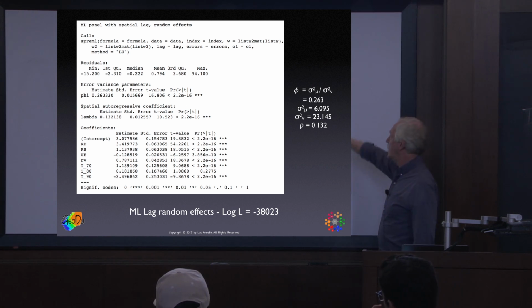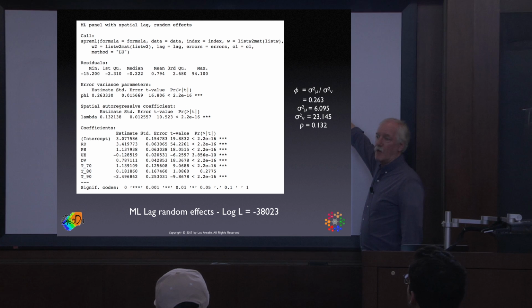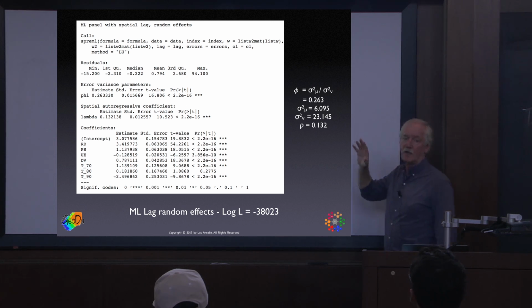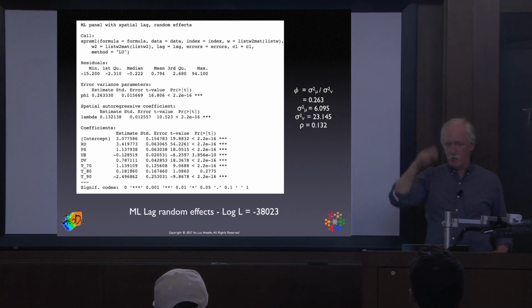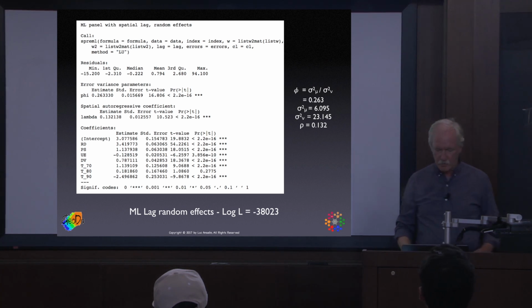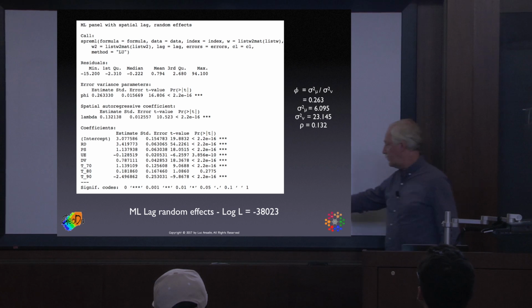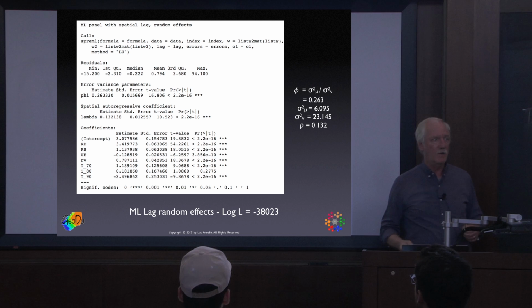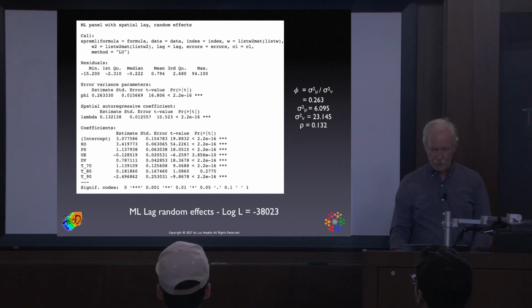The phi is again this ratio of the random effects variance over the within variance and between variance as it's called. And then these are the individual components. And you see these don't vary too much from what we had before in the model without the lag, right? And at the end I'll show you all the results next to each other. But this is also quite a bit better than previously. So the lag actually adds to the explanatory power.